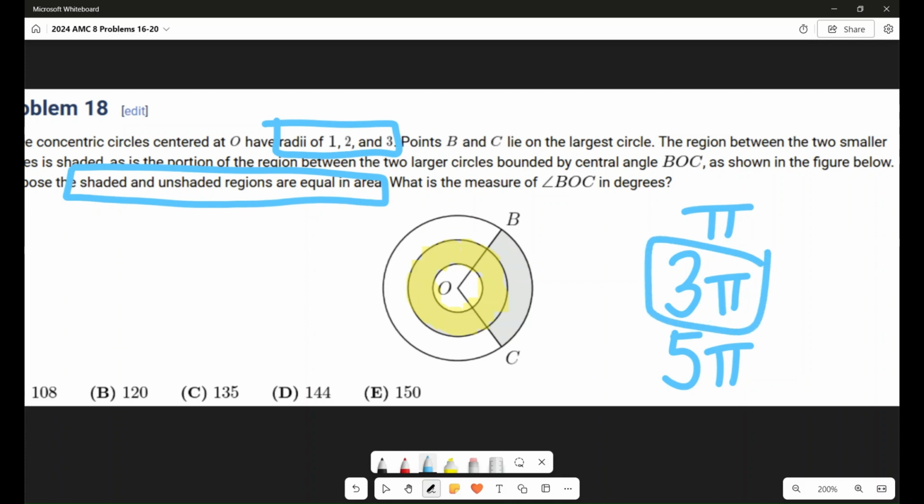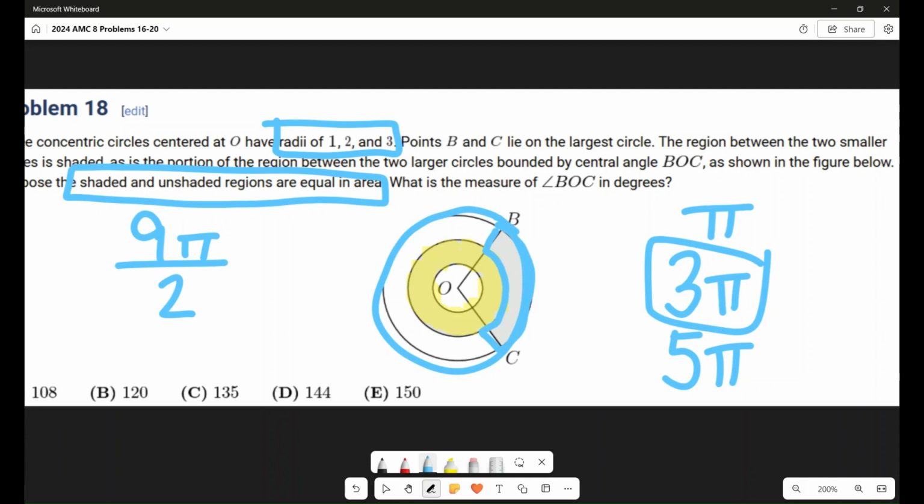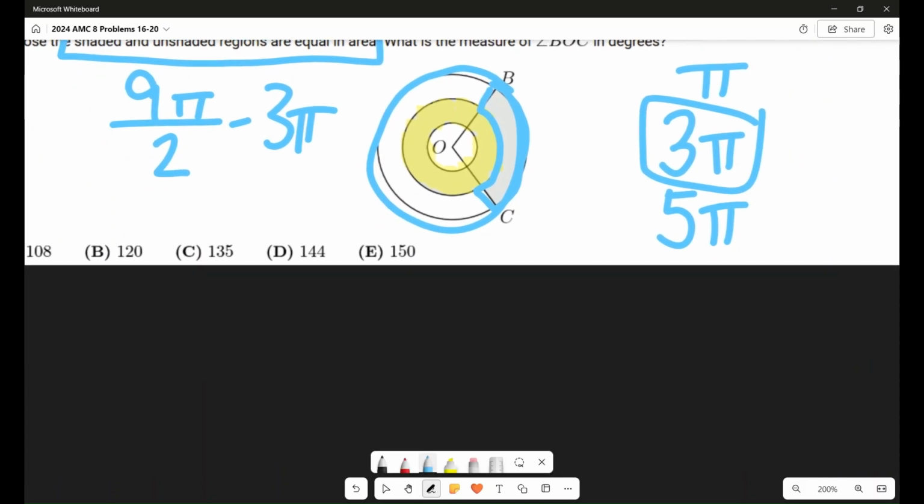And since the total area of the whole circle is 9 pi, we know that the shaded area has to be 9 pi over 2. It has to be half of that. So the area of this arc here has to be 9 pi over 2 minus 3 pi. And that would be 3 pi over 2.